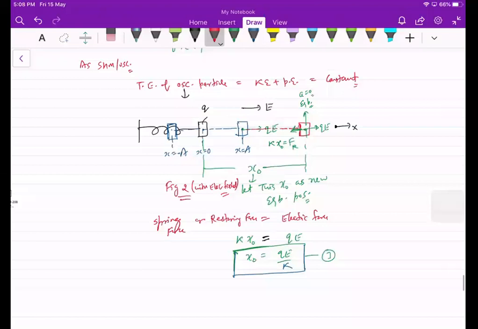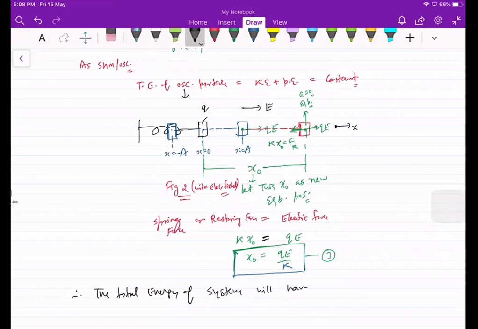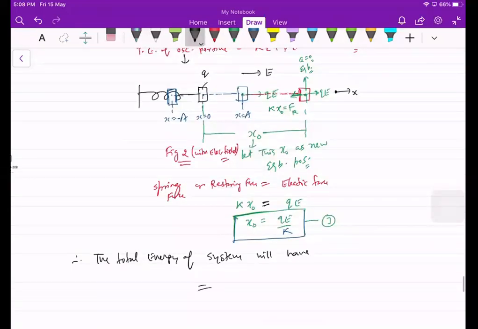So now in this situation, the total energy of the system will have, so let this be new.